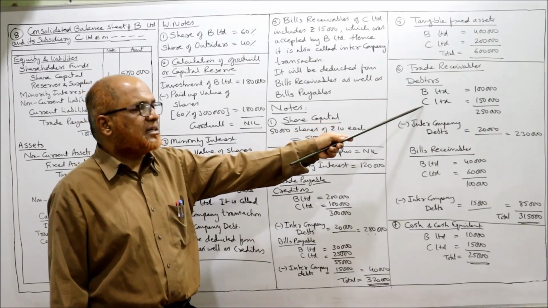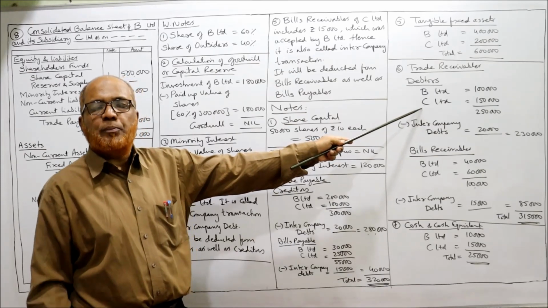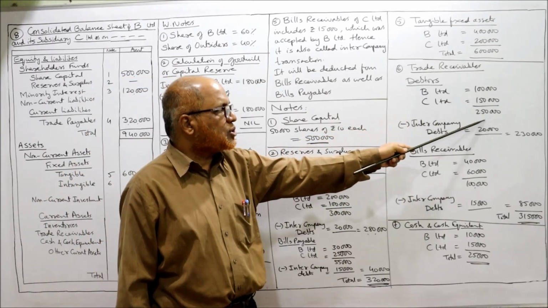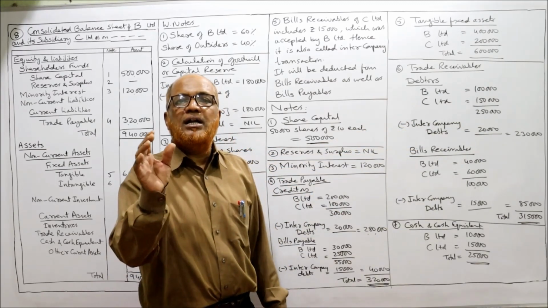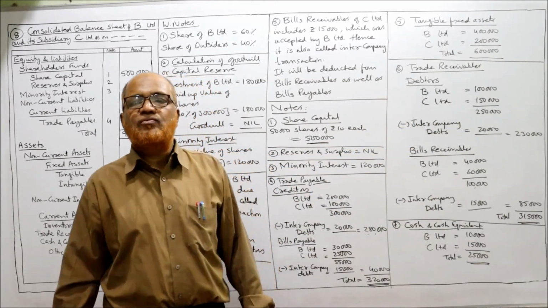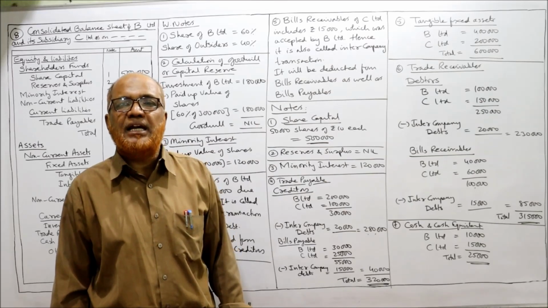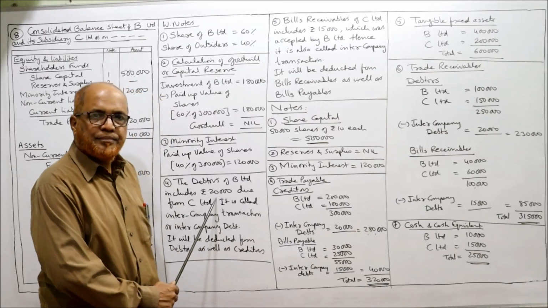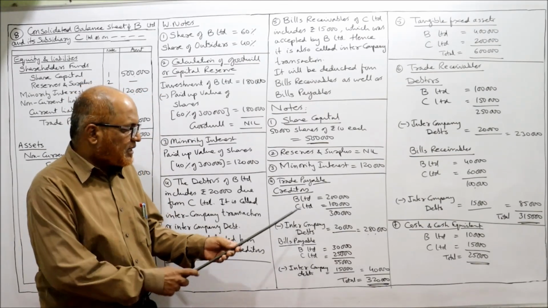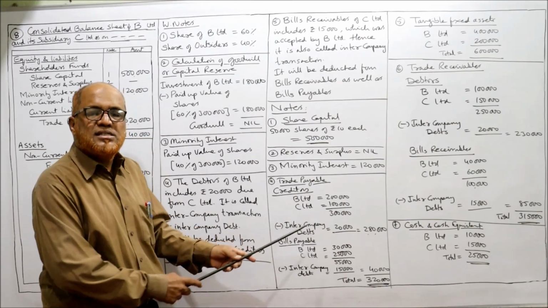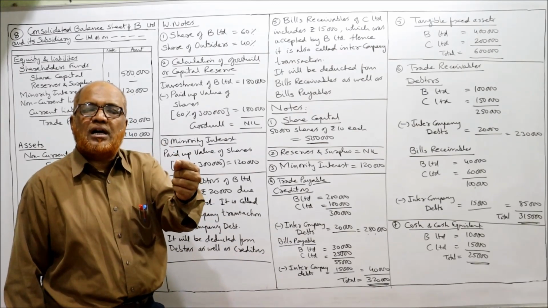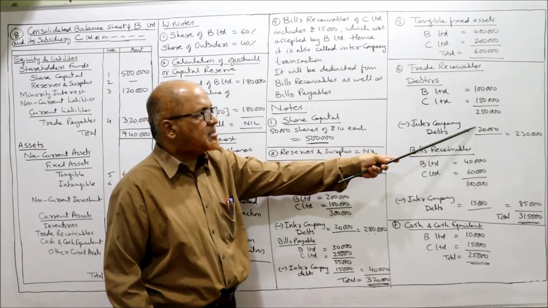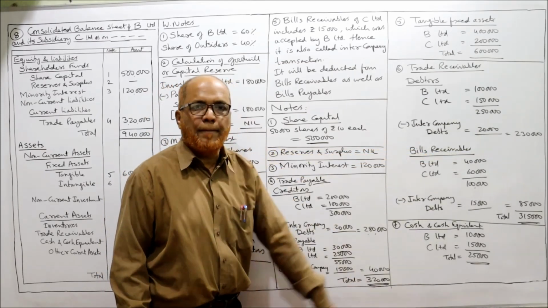Debtors are B Limited 1 lakh, C Limited 1,50,000, total 2,50,000. From the debtors we deduct intercompany debt, 20,000. The 20,000 we deducted from creditors, the same 20,000 we have to deduct from debtors. So 250 minus 20, 230.